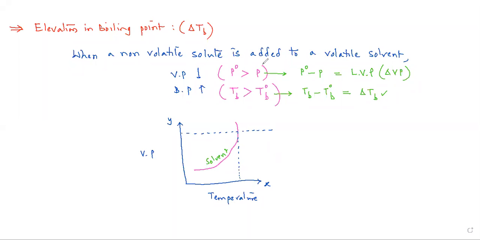Let this be the boiling point of the pure solvent, P naught B. See, this actually gives the vapor pressure of the pure solvent.